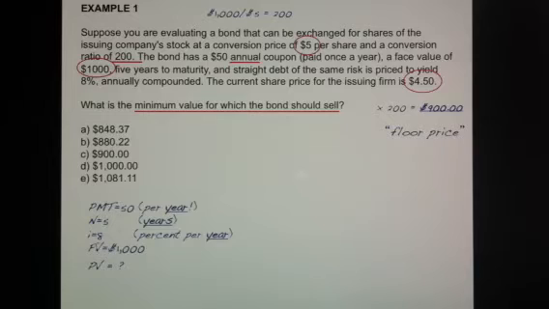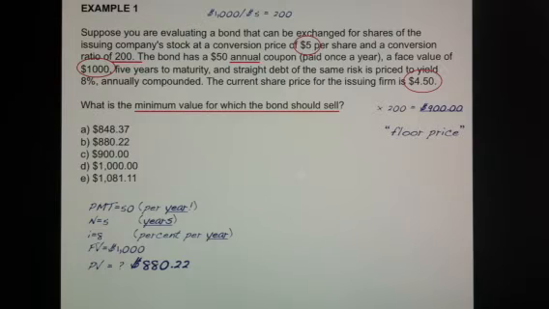I can use 8. Future value, that's the face value of the bond. We know that. Final value at maturity is 1,000. And I'm left to solve for present value, which is the bond price. And I can use my financial calculator to do that. You should have lots of practice by now using the time value money calculations. I get $880.22.